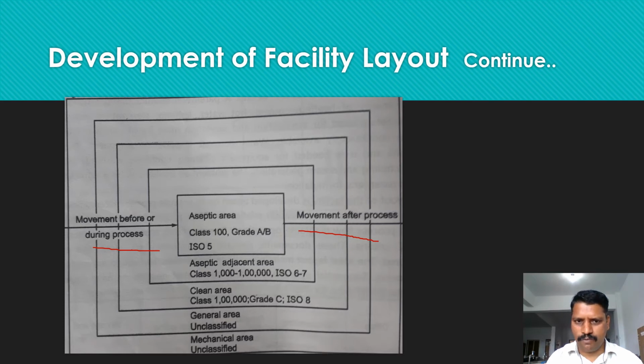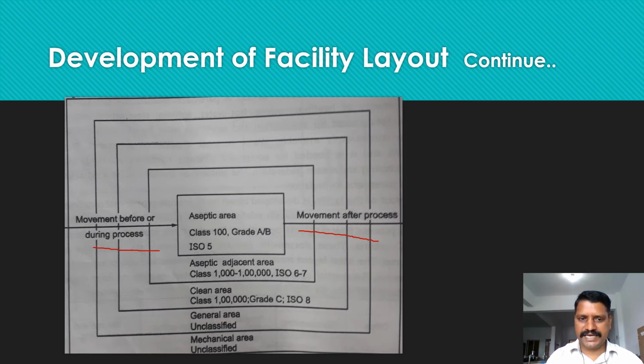We will discuss later what class 100 or ISO 5 or ISO 4, 6, etc. are. Then adjacent to this area is the aseptic adjacent area, also called class 1000 to 1 lakh, also called ISO 6 to 7.